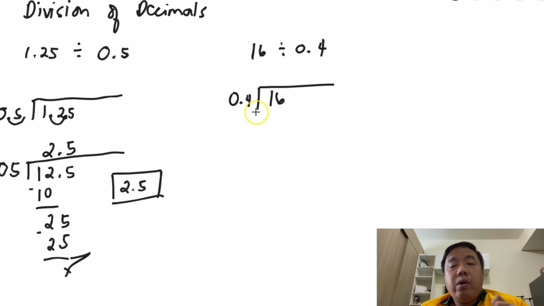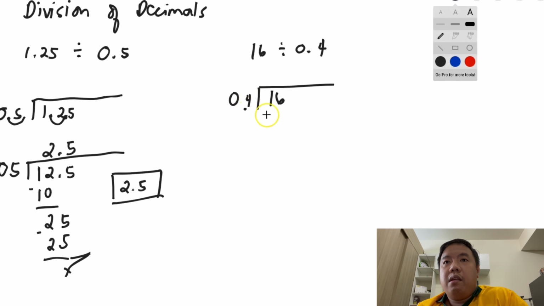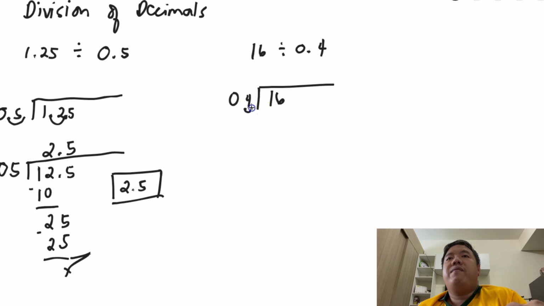Kapag ang divisor ay may decimal, you need to make it a whole number. And for you to make it a whole number, you need to move the decimal point to the right to make it a whole number. And since you only need to move this decimal 1 to the right only, then move. Ayan.